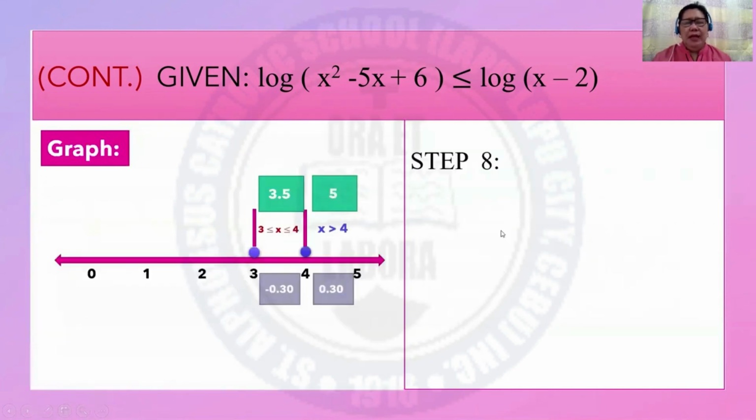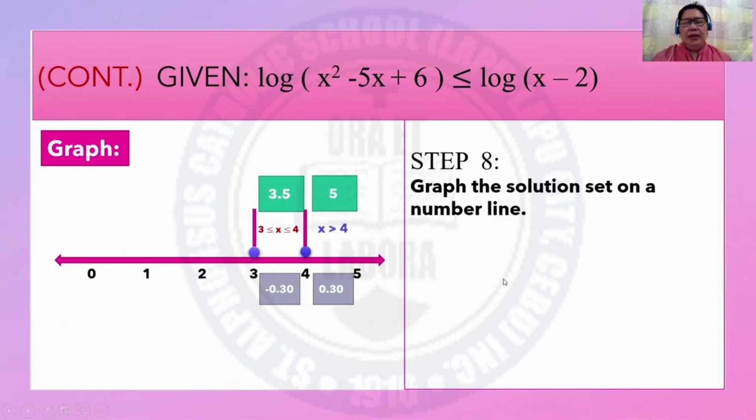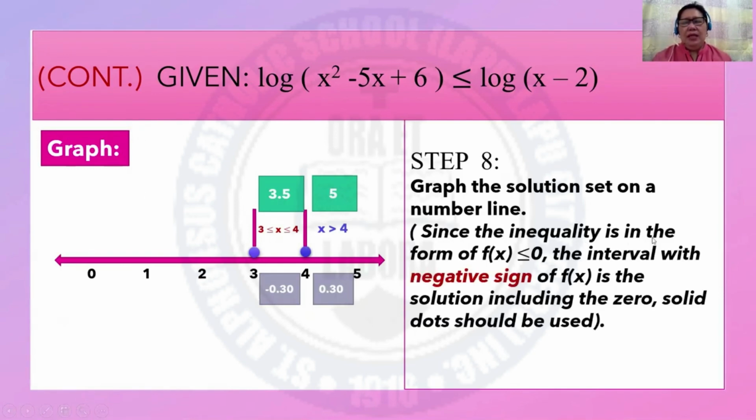And for step 8, graph the solution set on the number line. Since the inequality is in the form of f of x less than or equal to 0, the interval with the negative sign of the function is the solution, including the 0. Then, solid dots should be used.